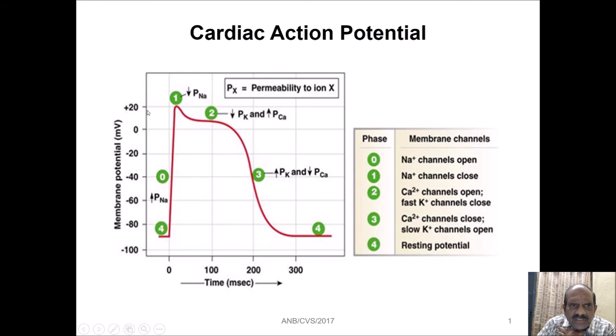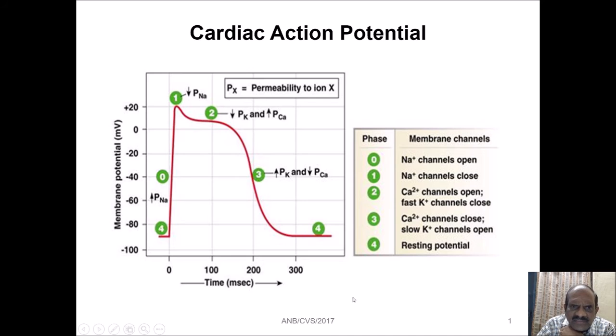After reaching the value of plus 20 millivolts, you will find a slight fall in the membrane permeability to sodium ions, and a fall in the membrane potential. At this stage the sodium channel is closed, and this is phase 2, where there occurs opening of the calcium channels and the fast potassium channels are closed. We will see that very shortly.